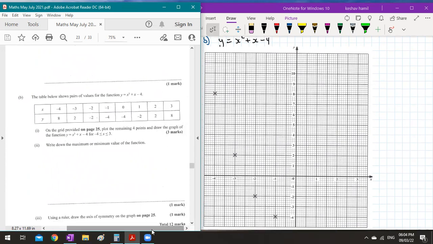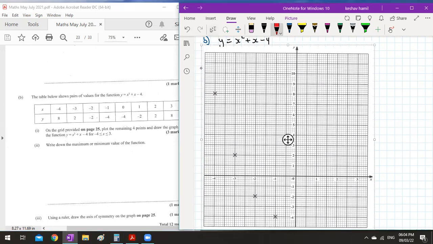So at x is equal to 0, y is -4. So x is 0 on the line, -4 is here. When x is 1, y is -2. So x is 1, -2 is here. X is 2, y is 2. And x is 3, y is 8.